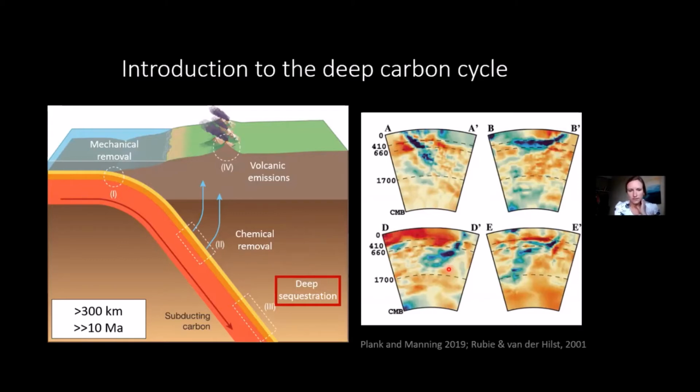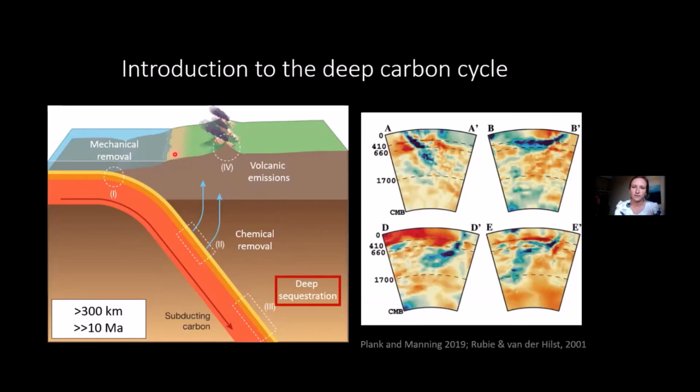This is of interest because effectively this would sequester carbon in Earth's mantle for geologically longer periods of time than we see for this typical arc circulation.